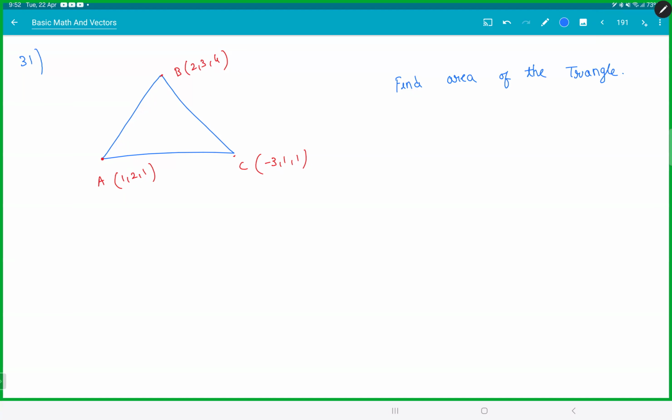How do we do this? If I give you the 3 points, then how do you find the area of a triangle?